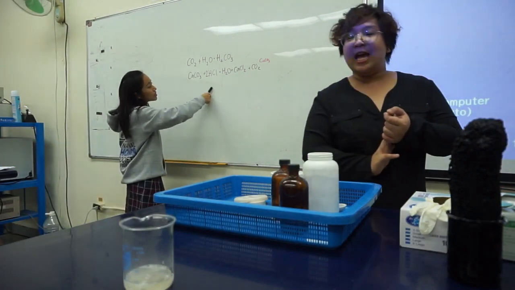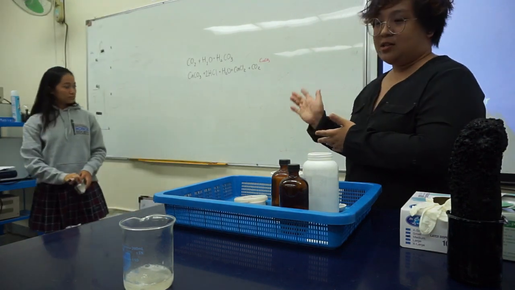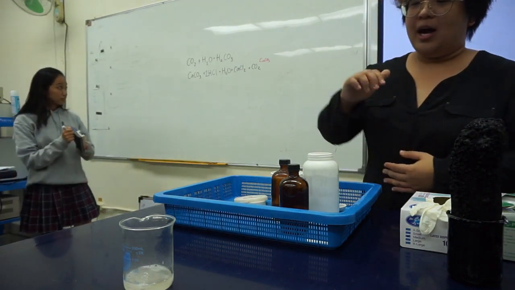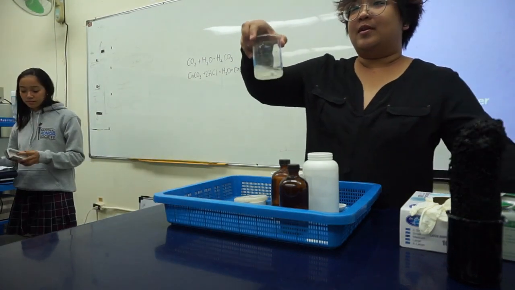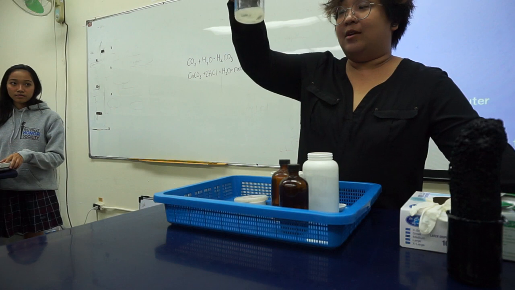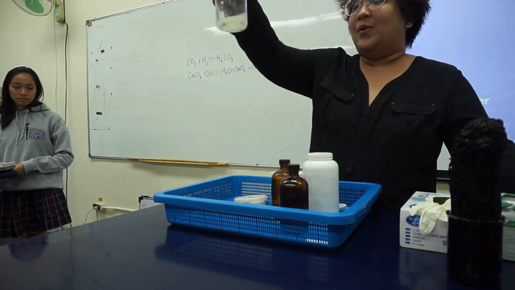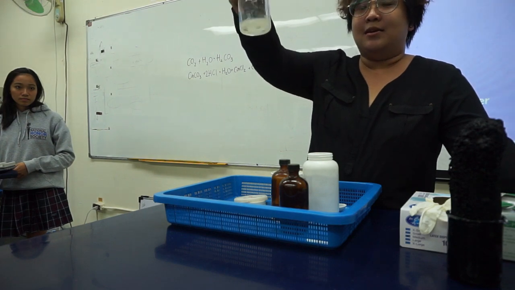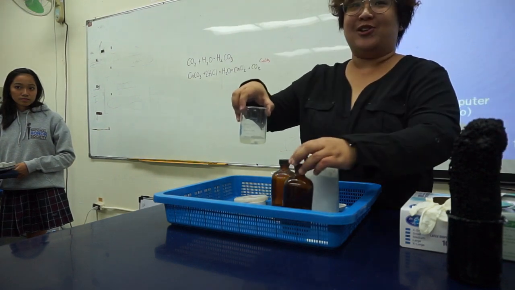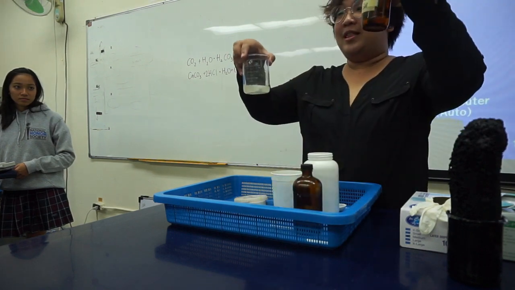So we're producing water, gas, and the salt CaCl2. How do we know if there's water here? What can we do? I can measure by volume, but it should be the same volume. What did I put here, acid or base? Acid, because we already put hydrochloric acid.